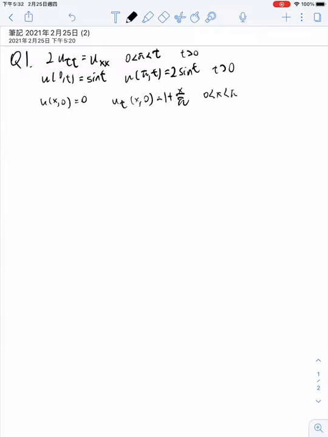So in this problem, you can see the boundary is a non-homogeneous one. It has sine t and two sine t at each of the ends here.